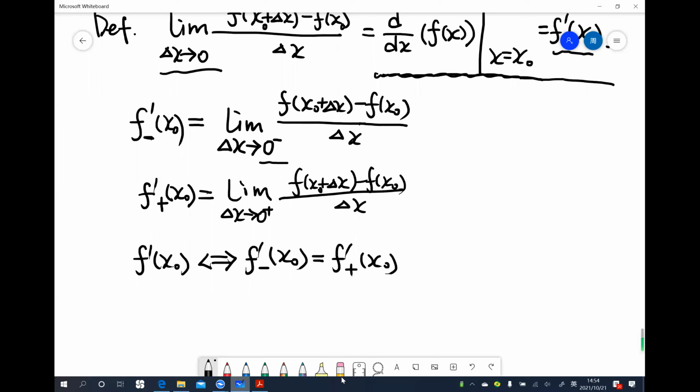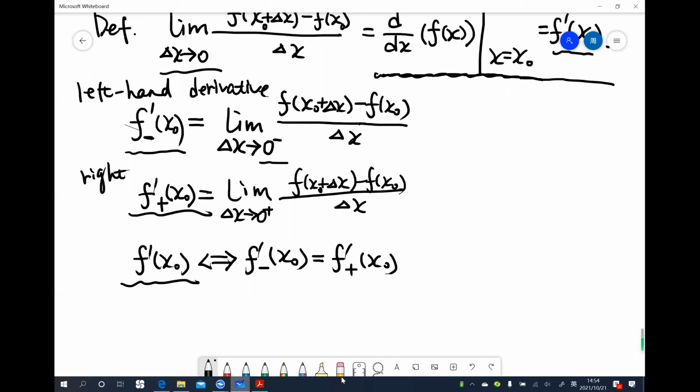So this is the way to check the derivative. Because we have left-hand and right-hand limits, we also have the left-hand derivative and the right-hand derivative. So you should know it.